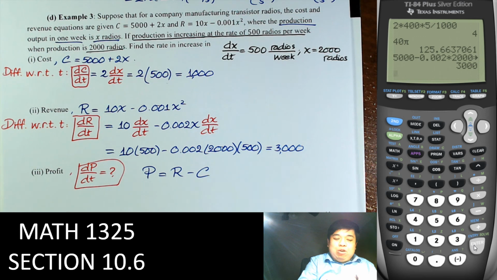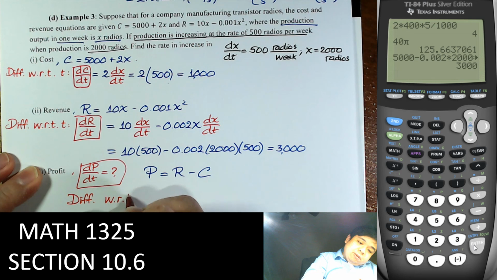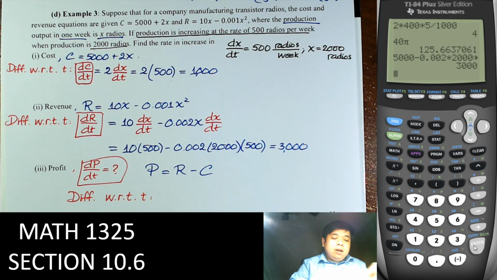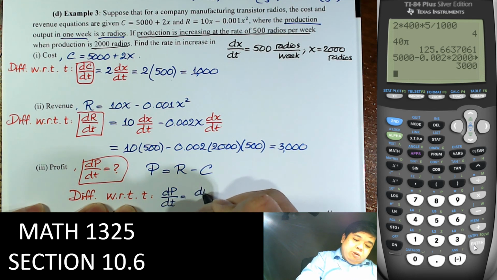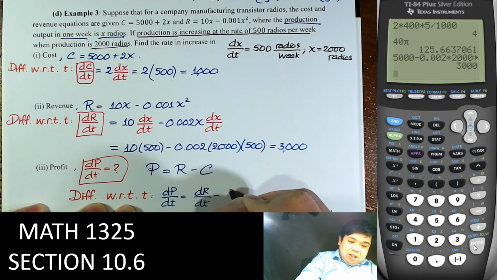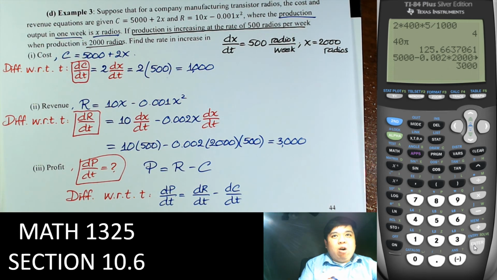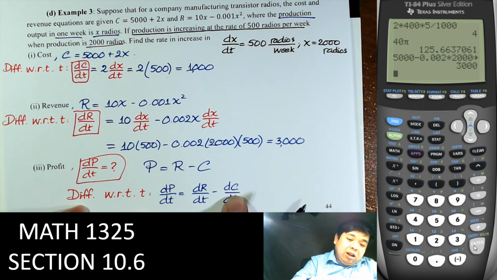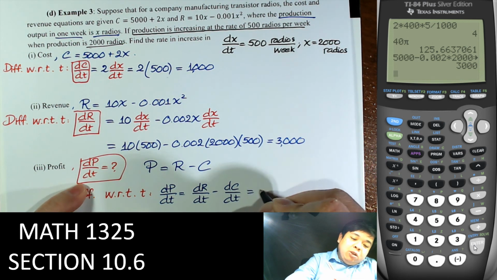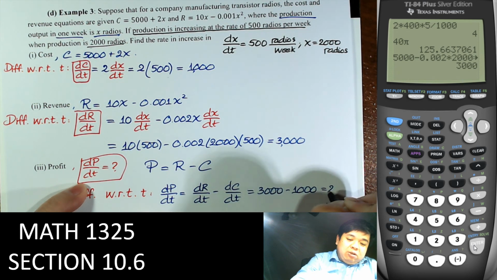However, if we just differentiate with respect to t, we just have dP over dt equal dr over dt minus dc over dt. Right? Doesn't matter what the revenue and the cost functions are, that's what we have. And then we just substitute in what we have. First 1,000 for dc over dt and 3,000 for dr over dt. So we have 3,000 minus 1,000, and that gives us 2,000.